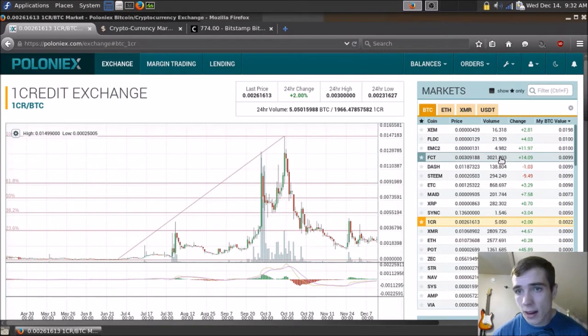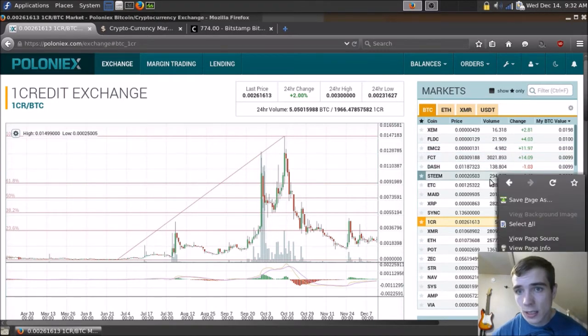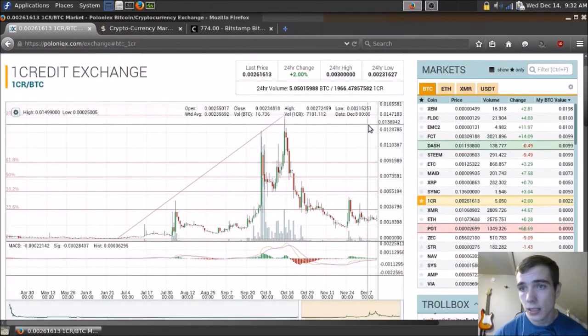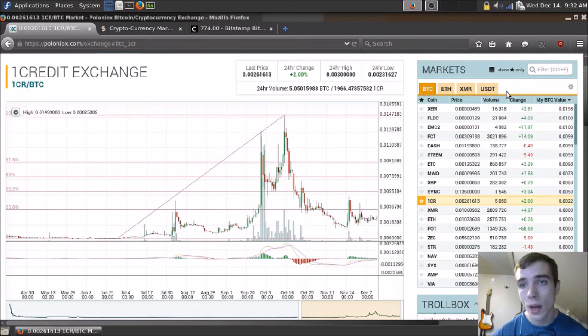And same with Factom, Dash, Steem, etc. And yeah, so I invested all the same amount on those. You can see I've lost a little bit on Factom, Dash, and Steem, but it's just temporary loss. I only invested like an hour or two ago, so I'm not too concerned about that. Obviously, it's a tiny bit of loss that's to be expected along the way.